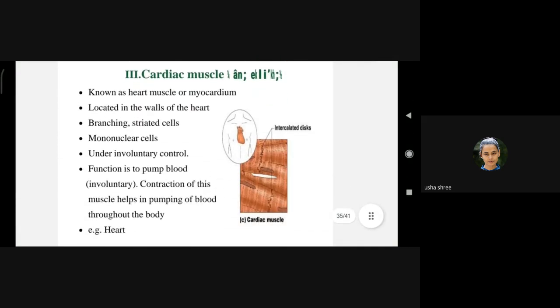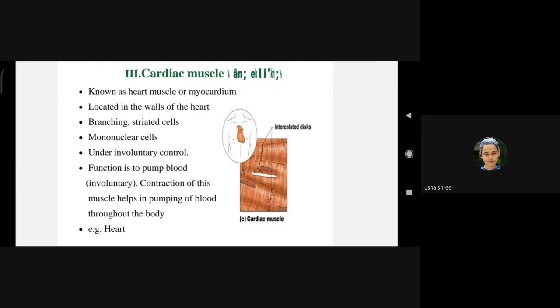Now, the last one is cardiac muscle. Cardiac muscle is known as heart muscle or myocardium. Located in the walls of heart. Branching striated cells. These cells are branched and they are striated.